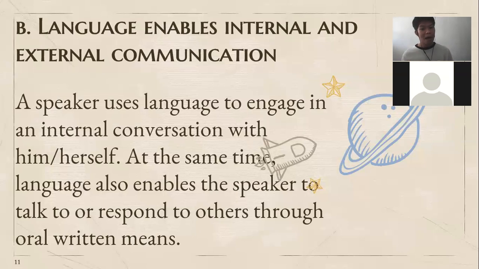So it's not bad when you see other people talking to himself or herself. It's not totally bad. But it's very important that we know how to internalize what we're going to say to other people. So communication starts within yourself. So you process your thoughts, ideas within yourself before communicating with other people. So by using language, it enables you to communicate with other people.